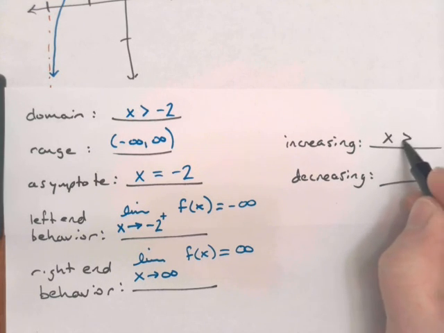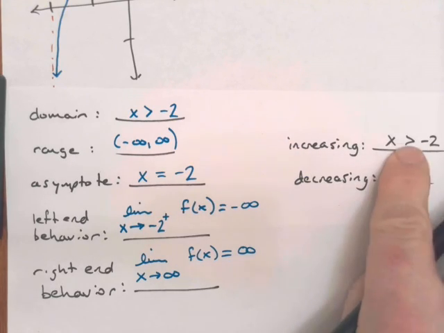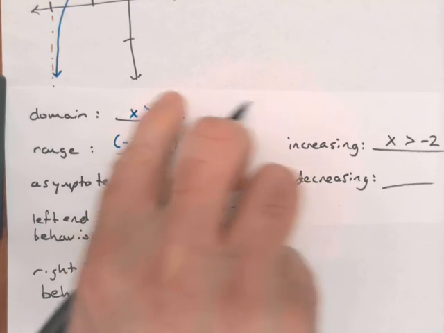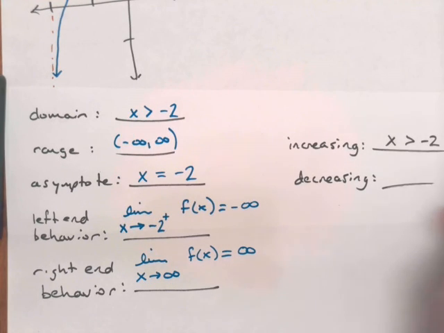So we want x is greater than -2 for that, because we just copied the domain down. Everywhere where the graph exists, it is increasing, and the graph is existing everywhere we have a domain value. And then for our decreasing, we have none. Our graph is not decreasing anywhere on the graph.